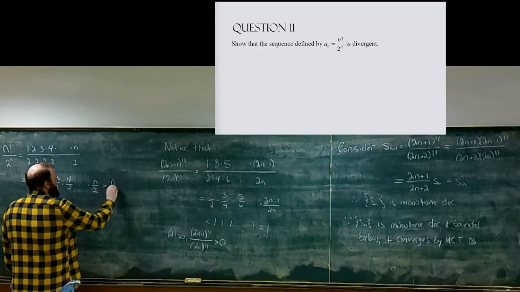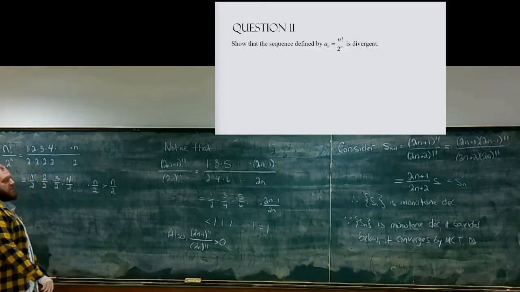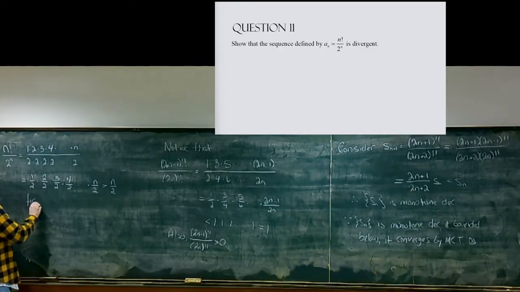This would be larger than n over 2 whenever n is larger than 4. Definitely doesn't work for n equal 1. You get 1/2, 1/2.